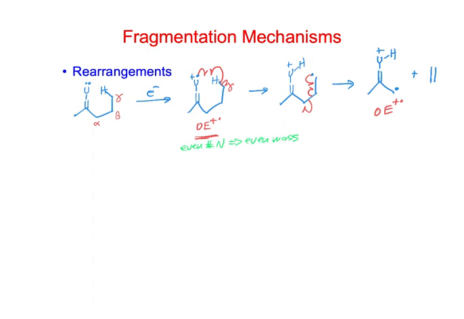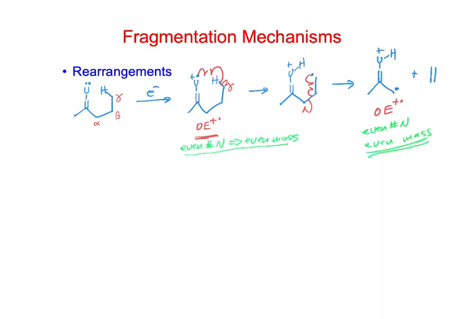What about this odd electron ion fragment? Should it be an even mass or an odd mass? An even, because it also has an even number of nitrogens. It's also an odd electron ion, just like a molecular ion. So if this has an even number of nitrogens, then it would have an even mass.